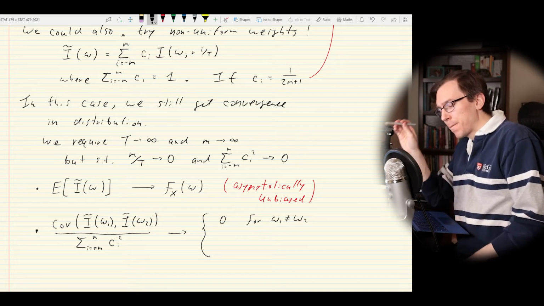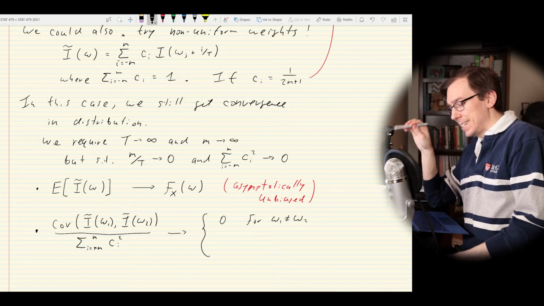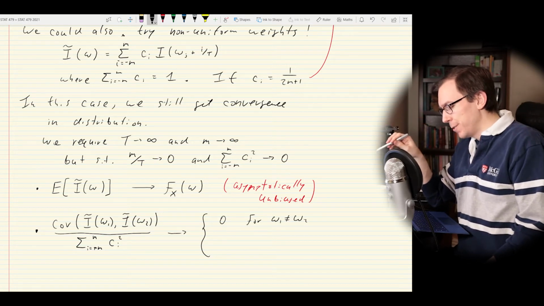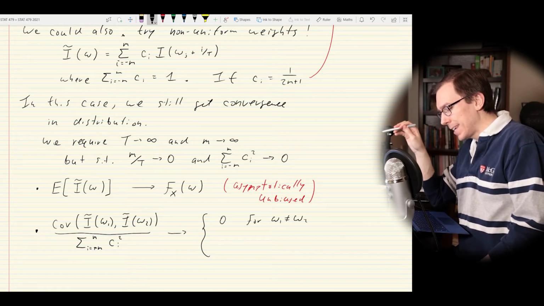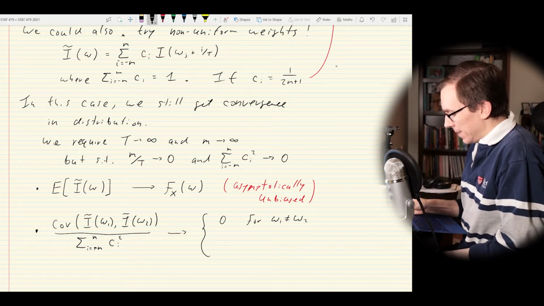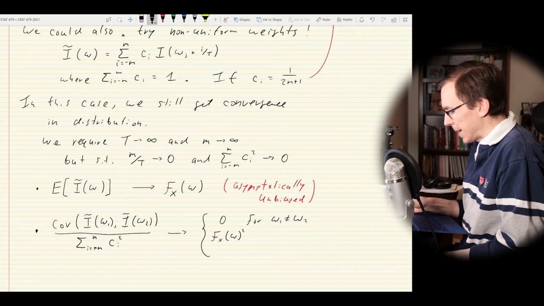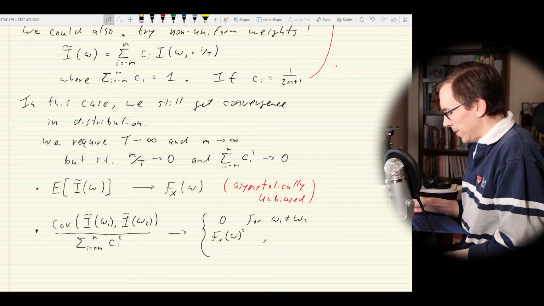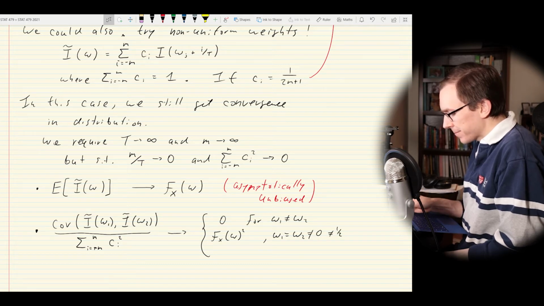That means that at two distinct frequencies, in the limit our estimator is uncorrelated. We get that the variance converges to the spectral density squared, for omega 1 equal to omega 2, which is neither 0 nor equal to 1/2.